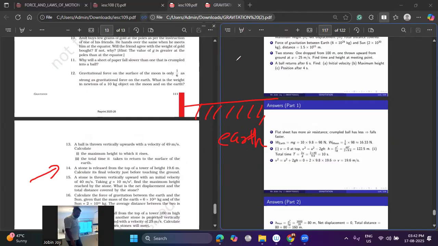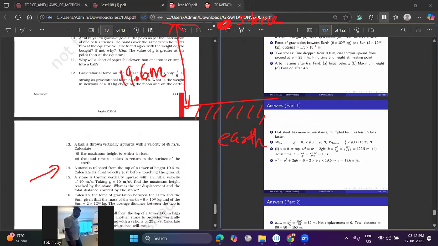This is Earth. So here, this is the object, stone. A stone is released from the top of a tower of height 19.6 meter. So that means this height is 19.6 meter. So this stone is at a height of 19.6 meter from the surface of the earth.